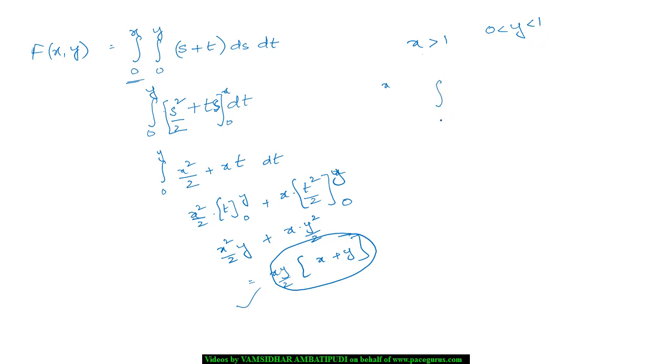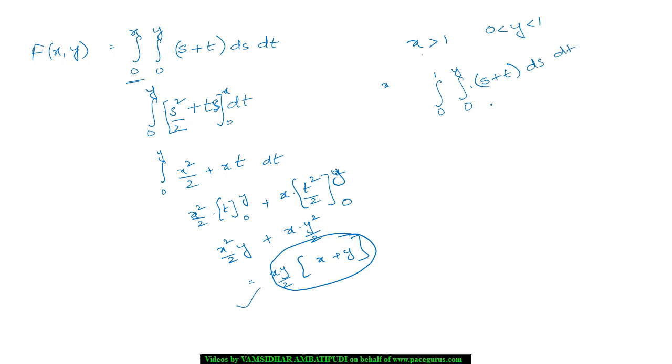So x greater than 1 means I am considering the whole range from 0 to 1, because there is no point in considering up to infinity, as x takes values only up to 1. So I am integrating x over the whole range, but y only up to y. So the same s plus t ds dt.